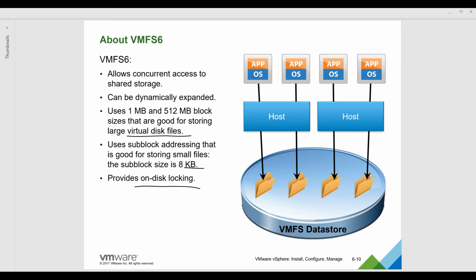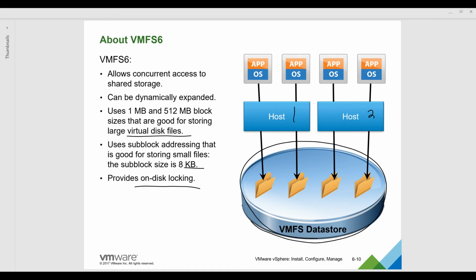So, with that being said, what is VMFS 6? Well, VMFS is a clustered file system that allows multiple ESXi hosts, as you see in this slide, host 1, host 2, to read and write to the same storage device.